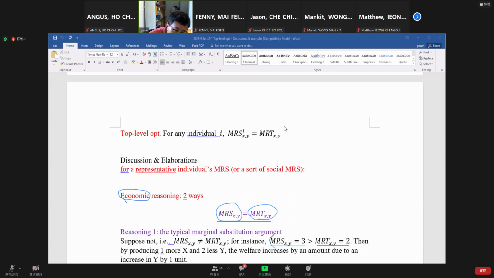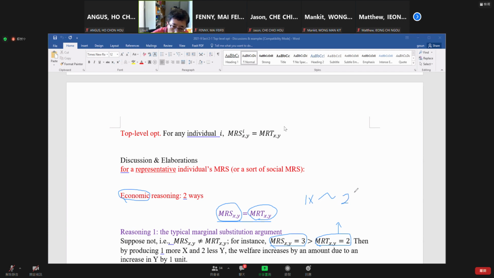What's the economic meaning of this one? Let's start from this one. This one means delta Y over delta X in production is roughly equal to 2. So therefore, this means 1X is equivalent to 2Y.